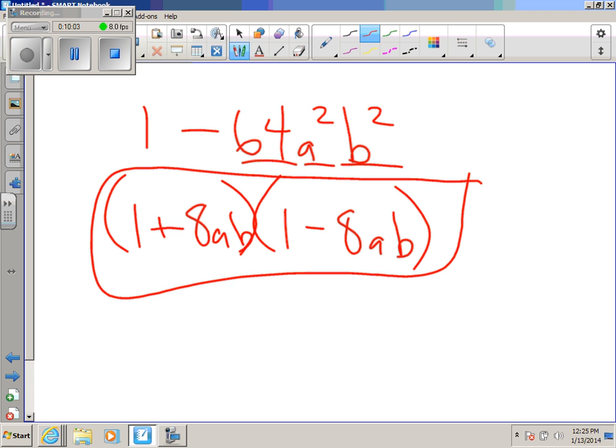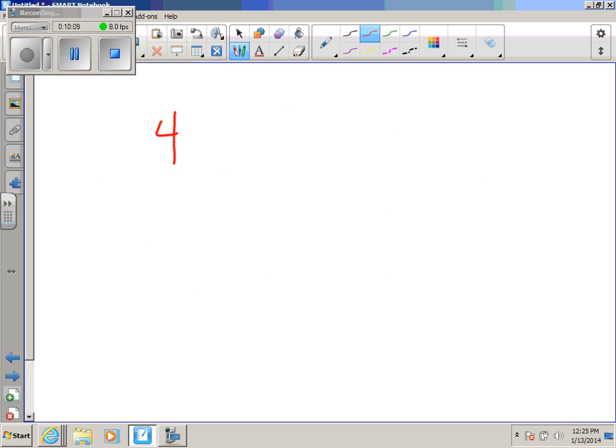What if we come across something that... Oh, so like if you have 4k squared minus 3m squared. We look at it, and the first thing we check, numero uno, is the GCF. Between 4 and 3, we don't have one. K and M, we don't have one.